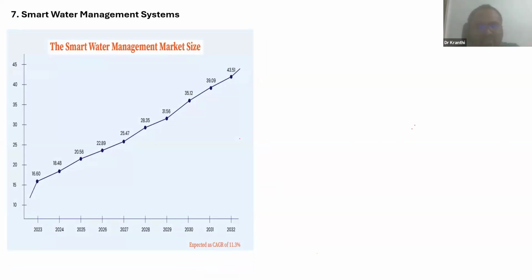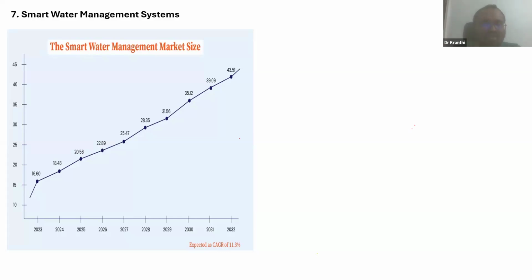As the graph shows, in 2023 the market size is valued at up to 16 billion USD, and it is expected to expand steadily, reaching 43 billion by 2032 as per their analysis. The takeaway is that the trend shows in 2025 the market is expected to cross 20 billion, in 2028 it is about 28, and so on.